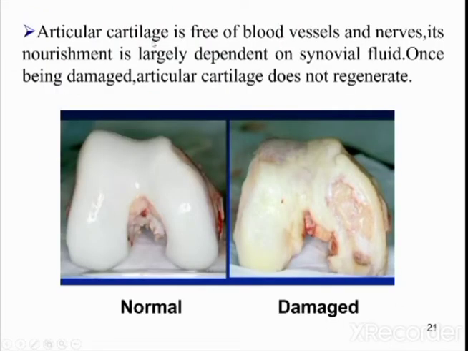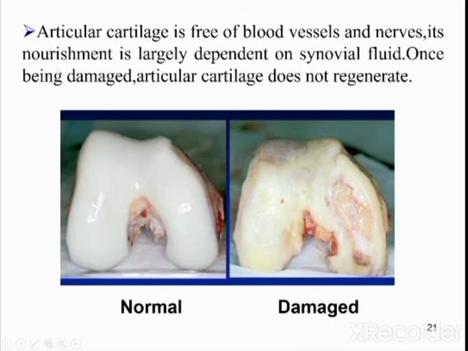It is free of blood vessels and nerves. Its nourishment is largely dependent on synovial fluid. This is very important, you should remember it.